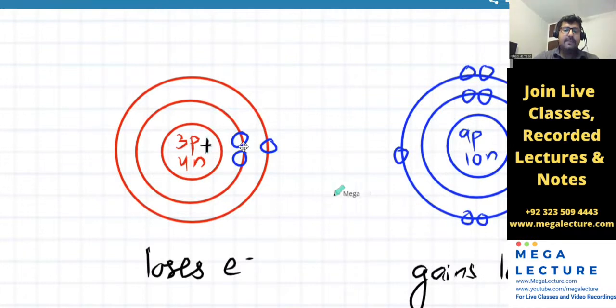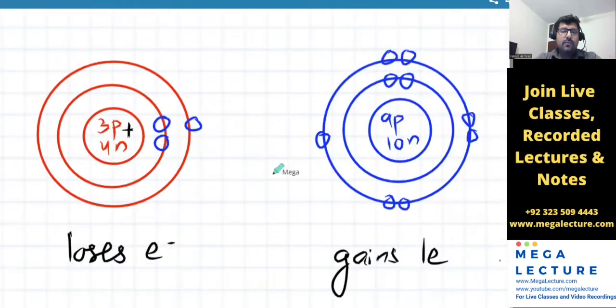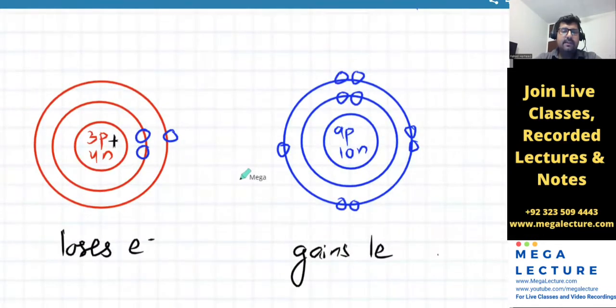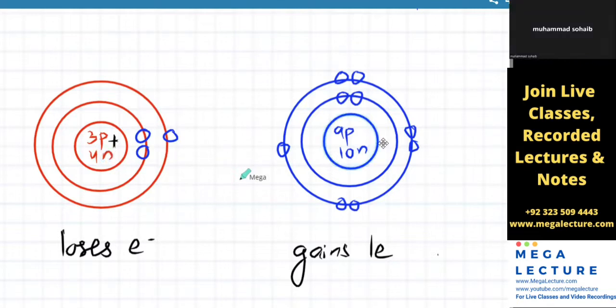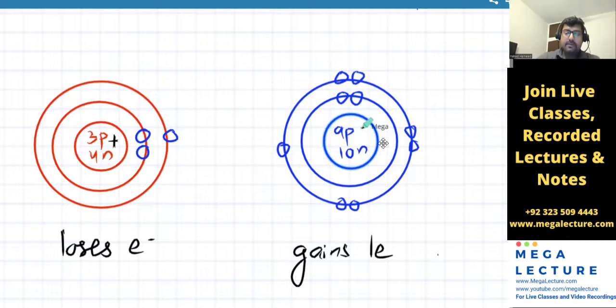The protons are positively charged, right? So what is the difference between the nucleus of lithium and fluorine? It has a stronger attraction. Yeah, exactly.